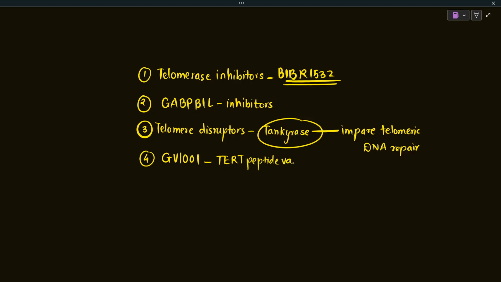This is a TERT peptide vaccine which will elicit anti-tumor immune responses. Then we can also use CAR T cell therapy. So immunotherapies are also helpful to prevent the telomere maintenance in the cancer cells. So these are the four mechanisms that we learned, the therapeutic targeting for the telomerase.